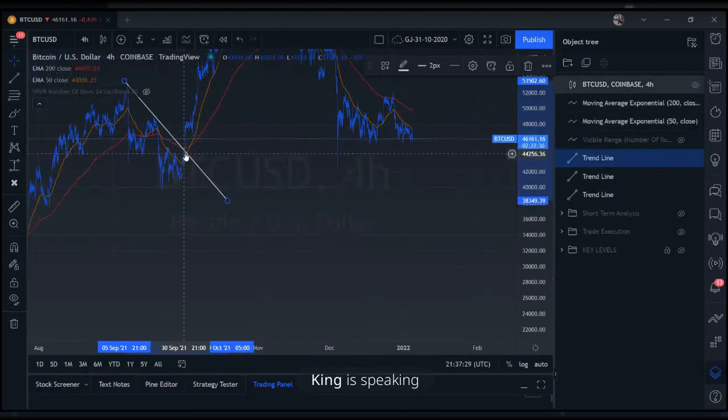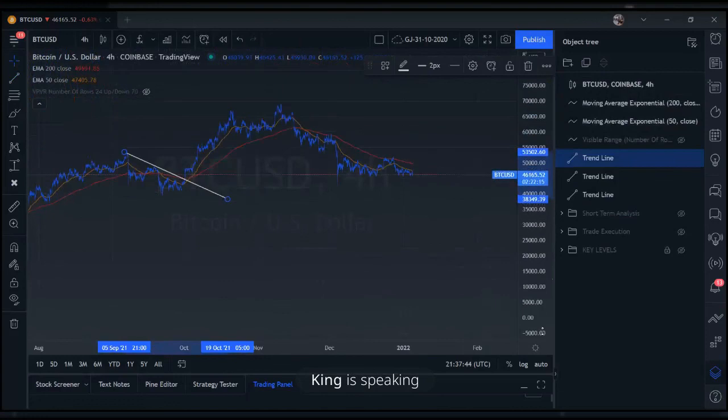You have the 50 EMA broken, 200 EMA broken. You might want to get in on the break of the 200 EMA and have a 5% stop loss, and maybe scale as price starts to go higher.